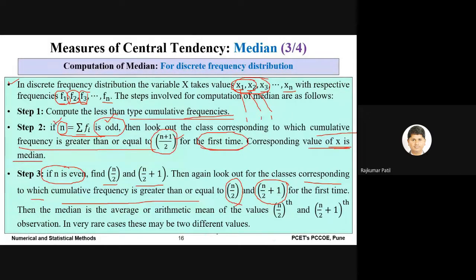And when this is the case, we calculate the median by taking the average or arithmetic mean of these two values. And in very rare cases, these may be two different values. So these are very rare situations where we need to go through this.